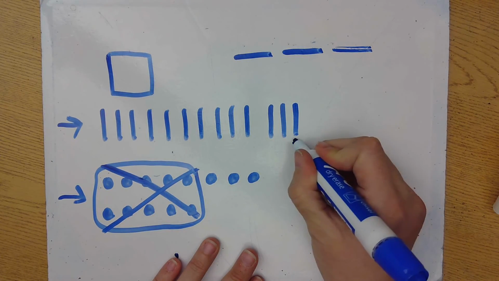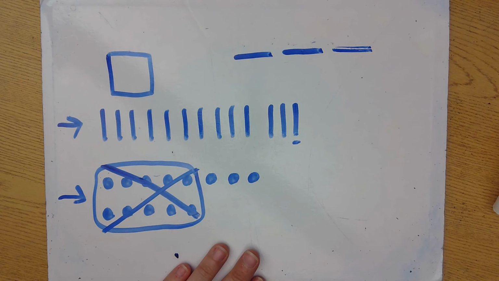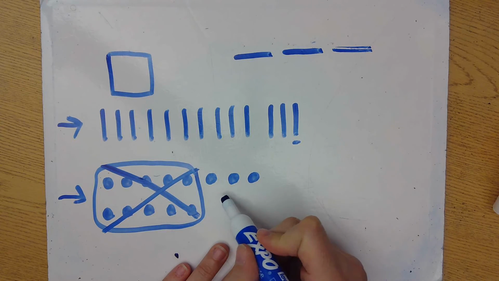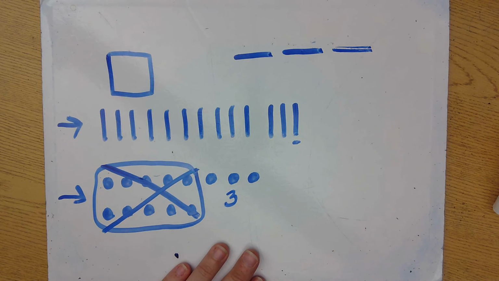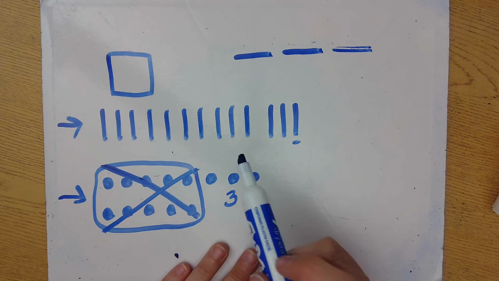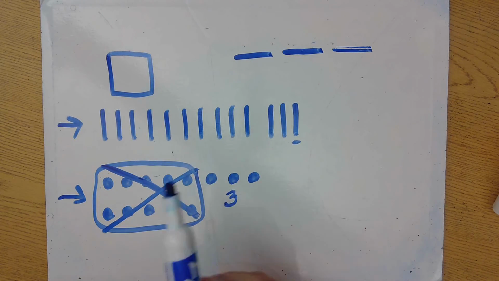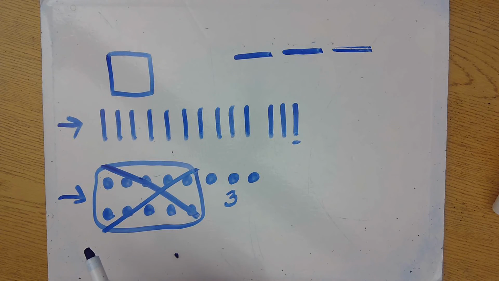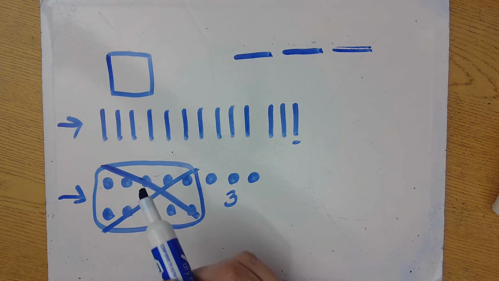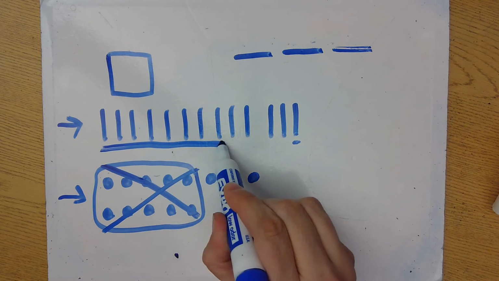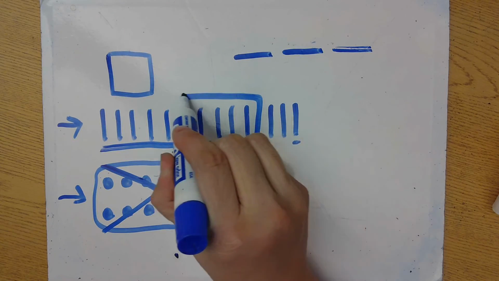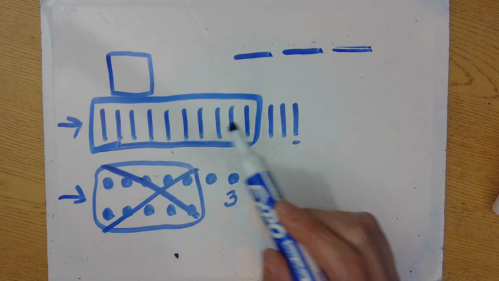So I just added this 1 long. Okay. I'm left with 3 cubes. Now, I do have 10 or more longs. I have more than 10. So I'm going to go ahead and group 10 longs together.